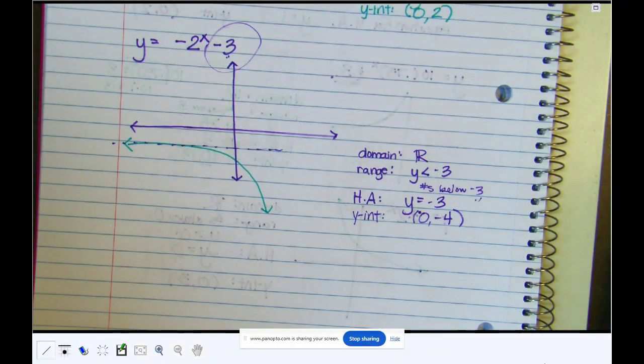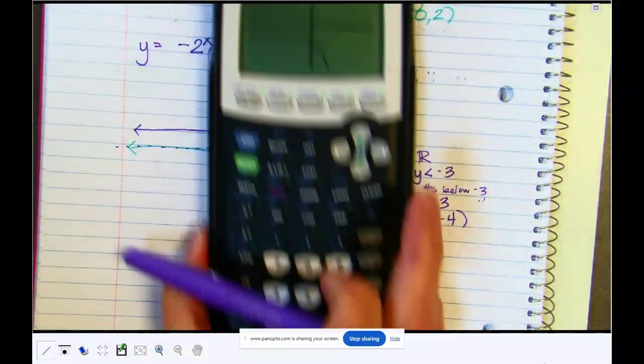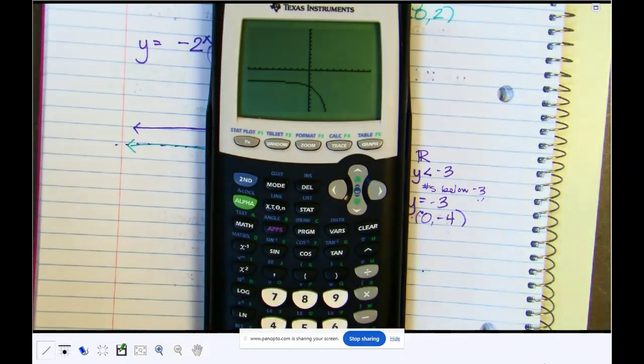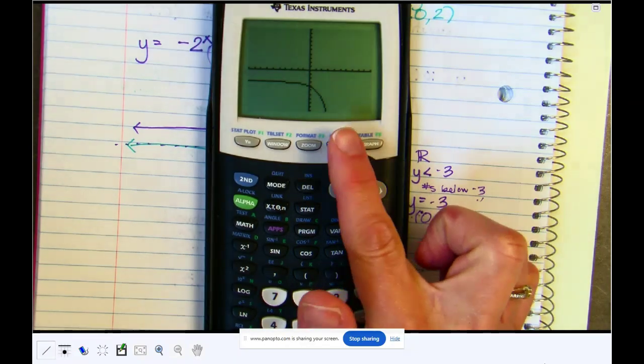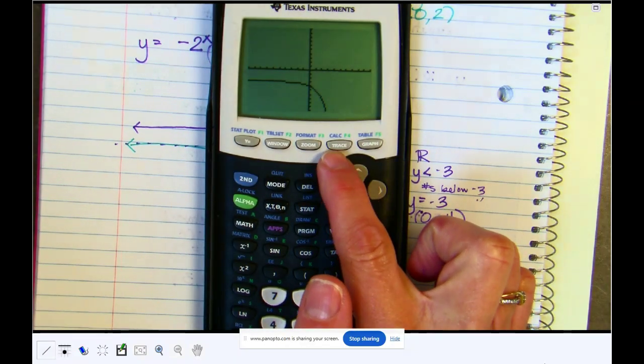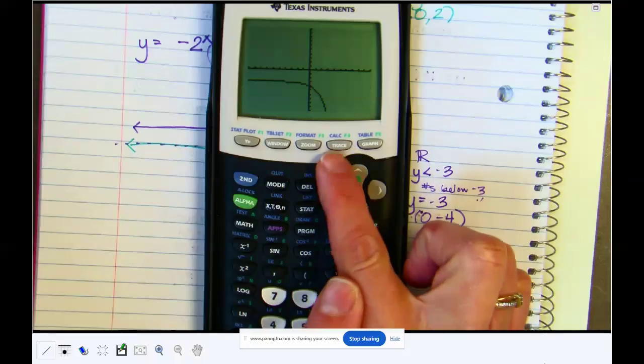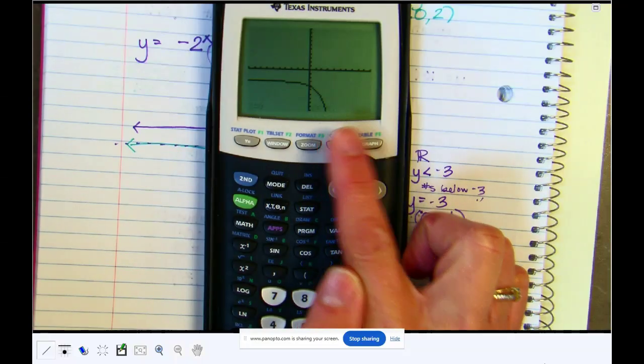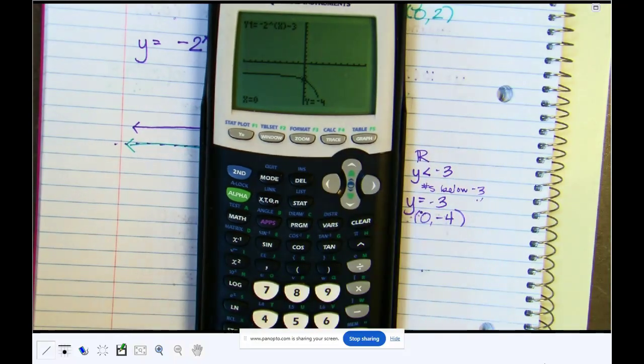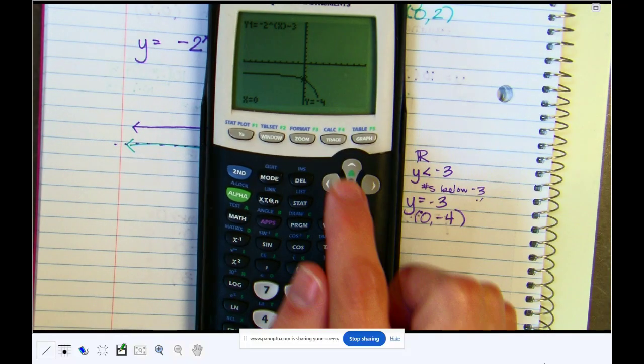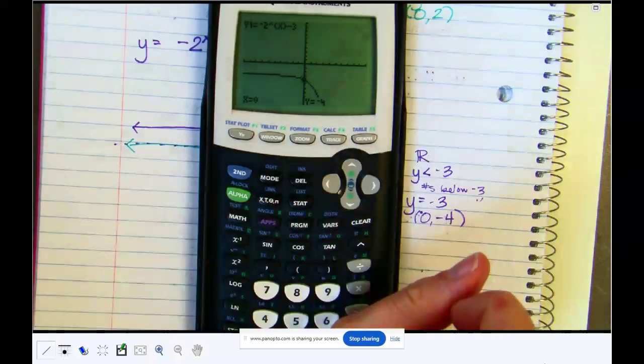Okay. I'm going to show you one thing on your calculator that's handy. This is just a little cheater thing that I'm happy to tell you. If you hit trace, so up here is trace, next to graph and zoom, right in the middle, trace. If you hit trace, it usually will come on to the y-intercept, assuming that you've hit zoom 6.